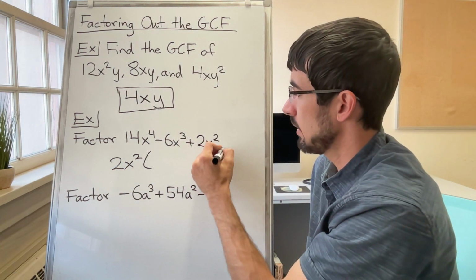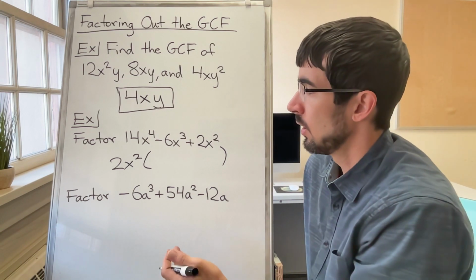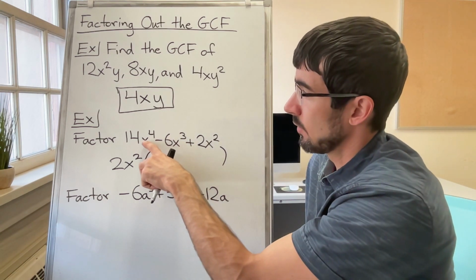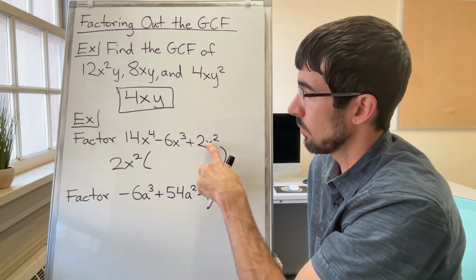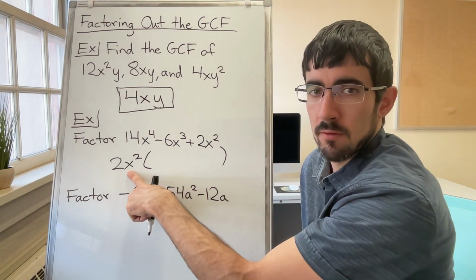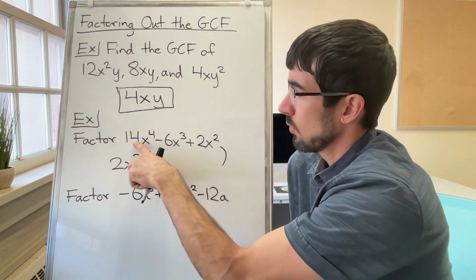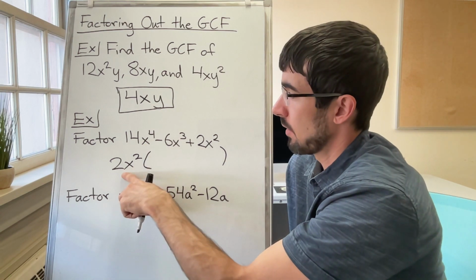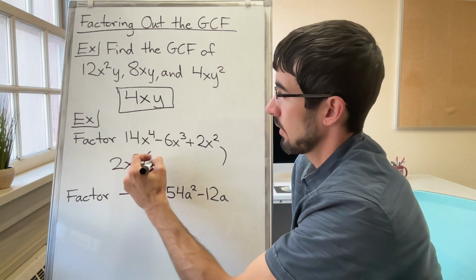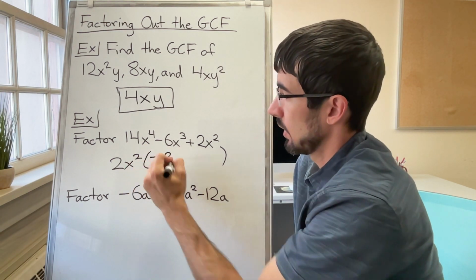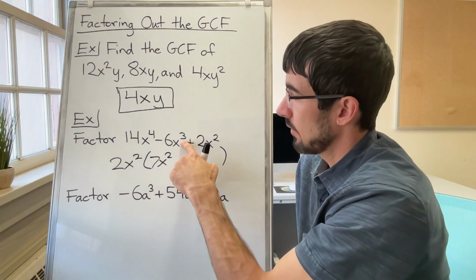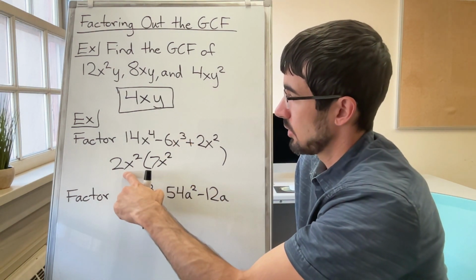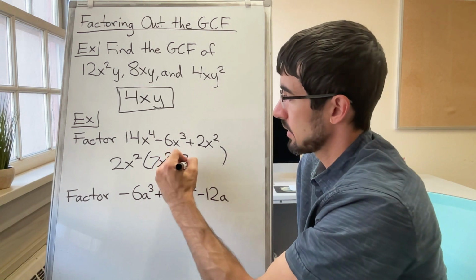And in parentheses, I'll write the other factor, which is the result of dividing all of these, term by term, by the GCF. So I imagine 14x to the fourth divided by 2x squared. That's going to be 7x squared. Negative 6x cubed divided by 2x squared, that's going to be minus 3x.